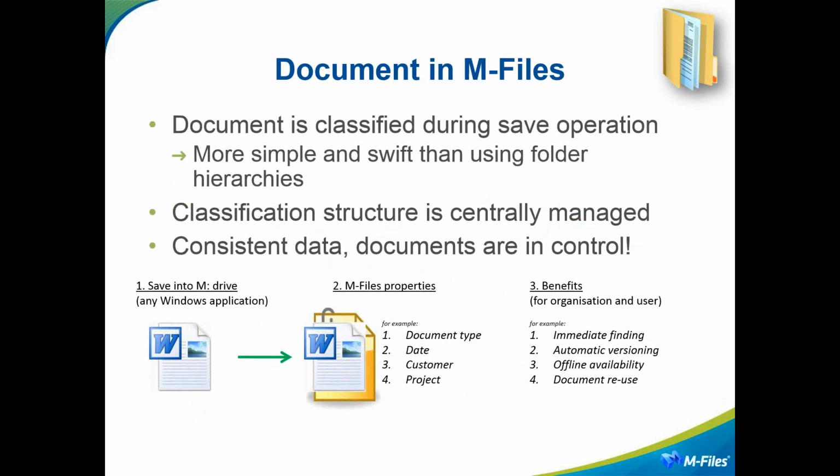I mentioned earlier, let's say if I were saving a document that was related to a project and also related to a particular customer, well, where do I save that document? Do I save it in the project folder or the customer folder? Well, to me, it may make sense to save it in the project folder, but someone else in the company may go looking for documents based on the customer and not based on the project.